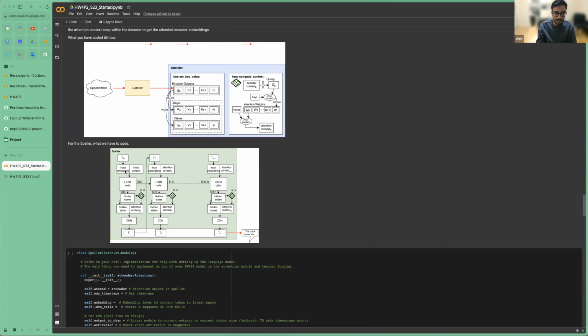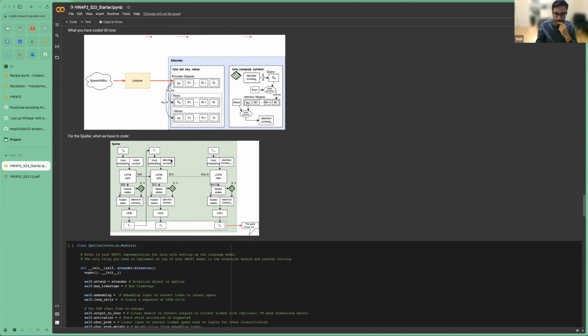So you have an embedding right here, then an initial context, right? The reason we do this is because at each time step, remember, it draws a specific character from the probability distribution we predicted at the previous time step, and we use the context that we get from the attention, right? So that's why we use the input embedding concatenated with the context as our input to our LSTM.